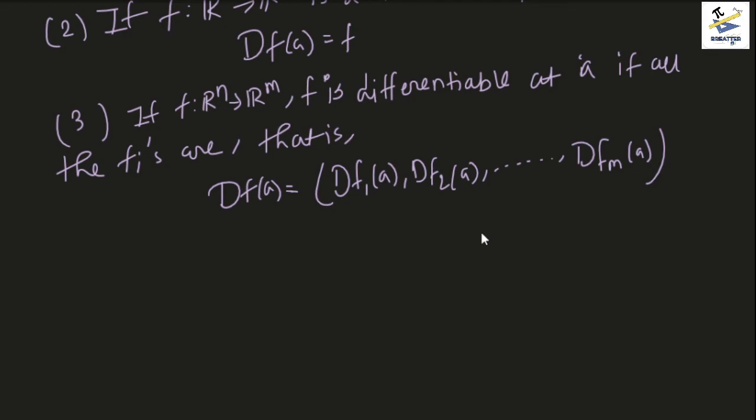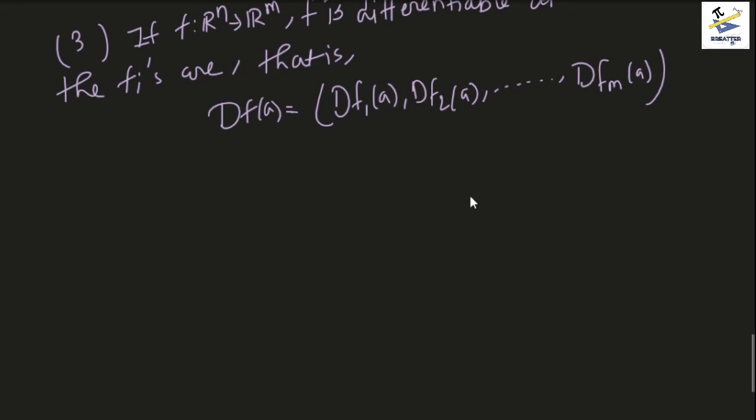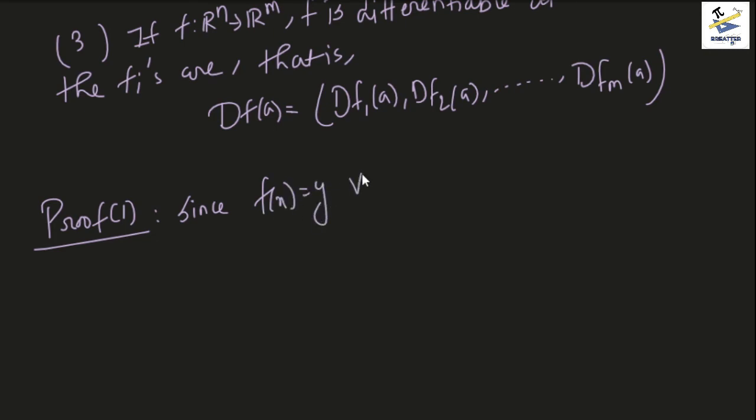Now some of these things would require proof and some of them would not, because the first one seems like a pretty easy thing to do, because we can prove the first one as follows. Since f of x equals y for all x belonging to R^n, and we need to prove the derivative is 0, so let us prove it at an arbitrary point a.